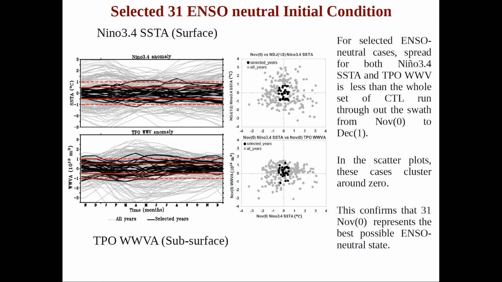So the spread of our selected initial conditions is very small. You can see that both the surface SST and subsurface warming are clustered around 0, which confirms that this is the best possible neutral state we can get from the CTL run.